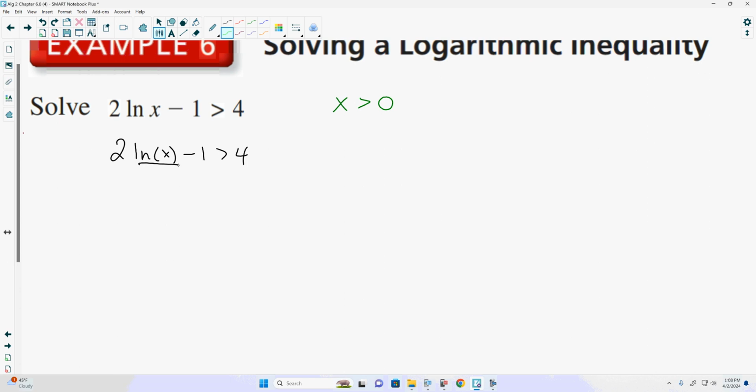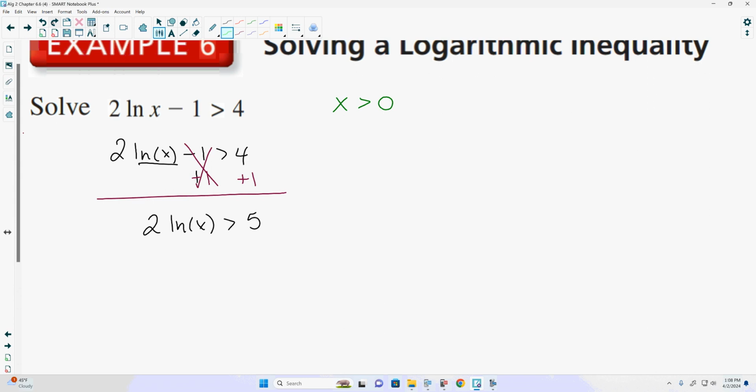So the first thing we would need to do in getting it by itself is to add 1, because it's being subtracted from 1. Because our negative 1 and 1 would cancel, leaving us with 2 ln of x, and 4 plus 1 is 5.